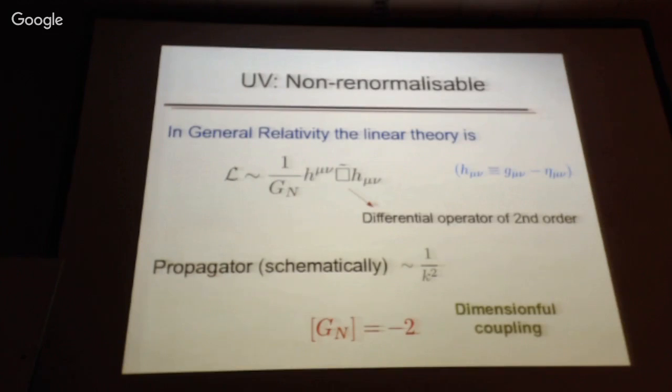Again, the propagator schematically goes like 1 over k squared. And if you check the dimensions of the coupling constant, G_N, in front of the theory, it has negative dimensions. So it has the same problem as that scalar theory I mentioned before. And that's why GR is non-renormalizable.